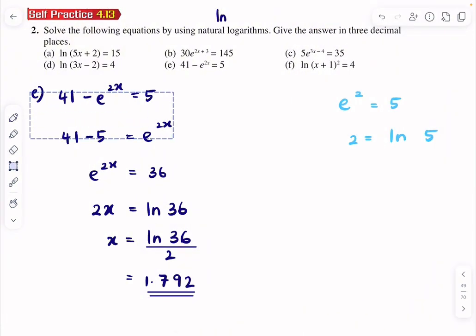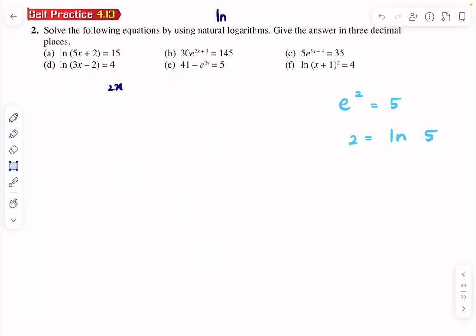Final question F. This is same as A and D. So (ln(x + 1))^2 equals 4. So when we bring ln over that side, it becomes e power 4. Instead of expanding this, what we can do is bring the square over that side, it becomes square root.